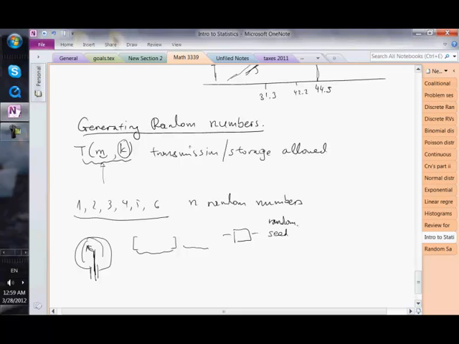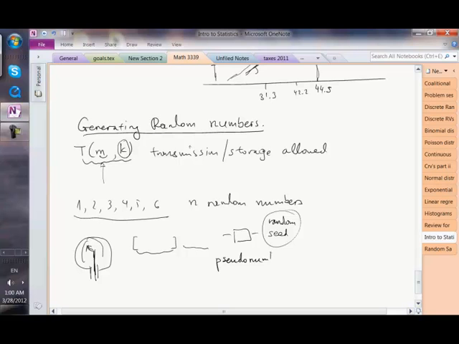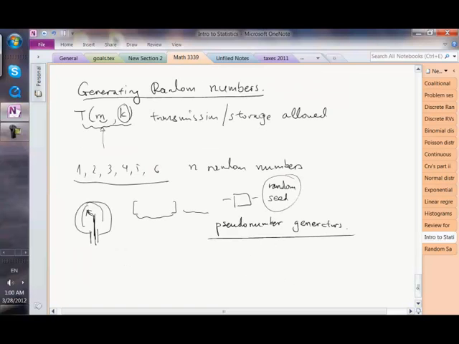And those sequences of random numbers that are generated by one random seed are called pseudo number generators. They're called pseudo number generators because you cannot ideally produce a random number sequence by using the random seed in a linear transformation.